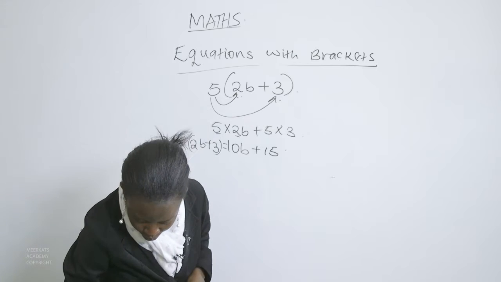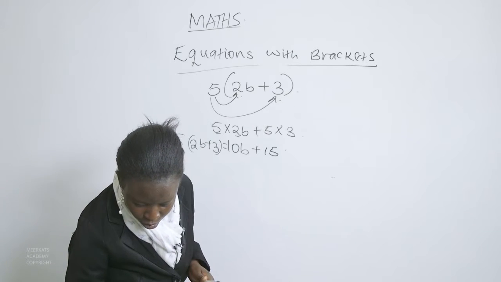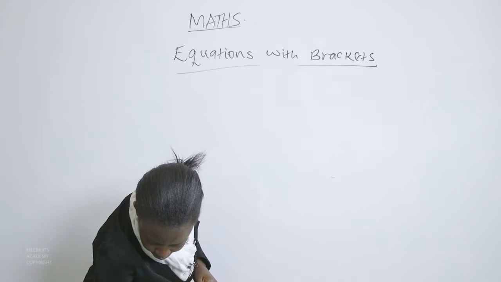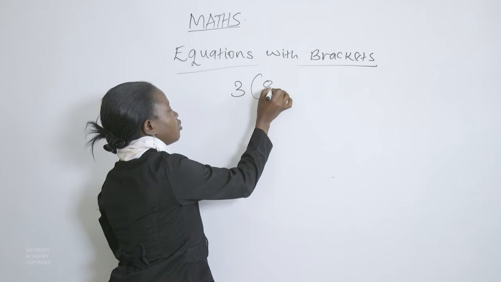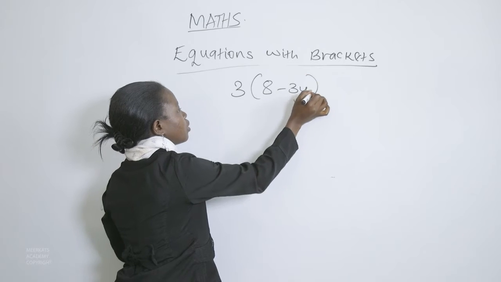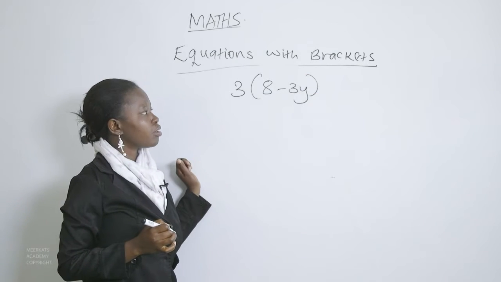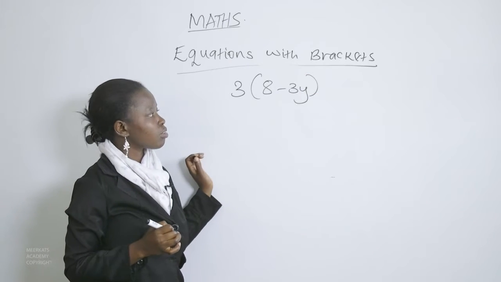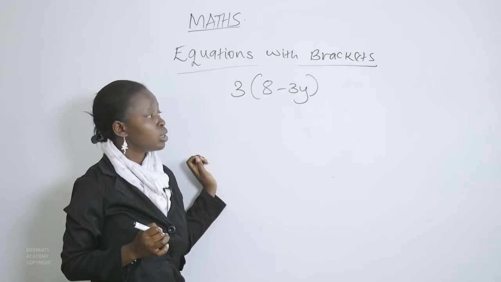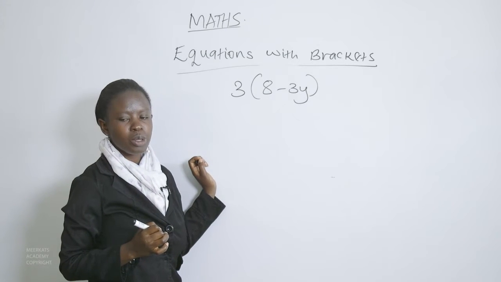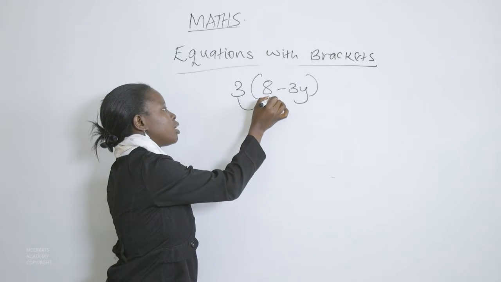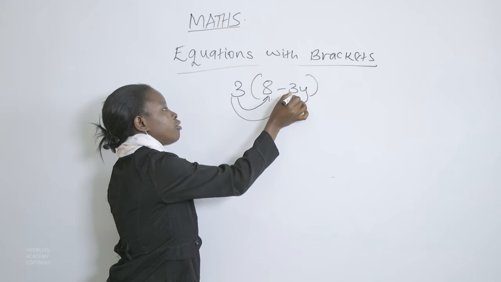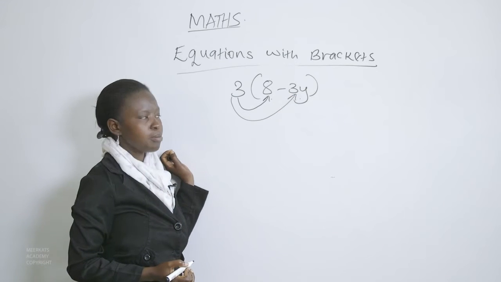Another example that requires us to expand is 3 into 8 minus 3y. Whether it is subtraction or addition, we still follow the same procedure: the number outside the bracket multiplies everything inside the bracket.